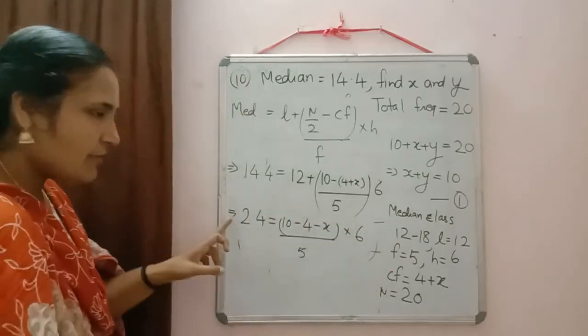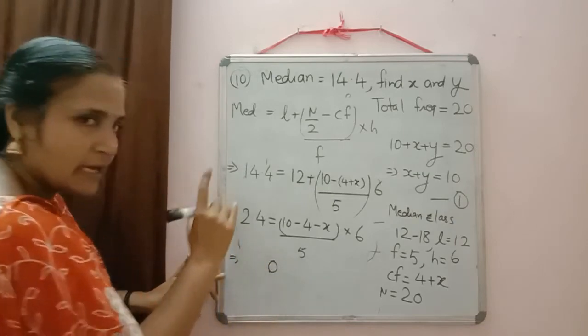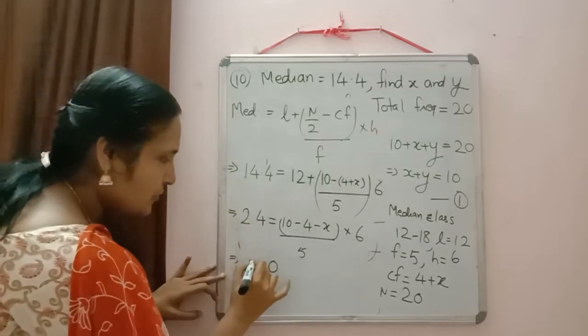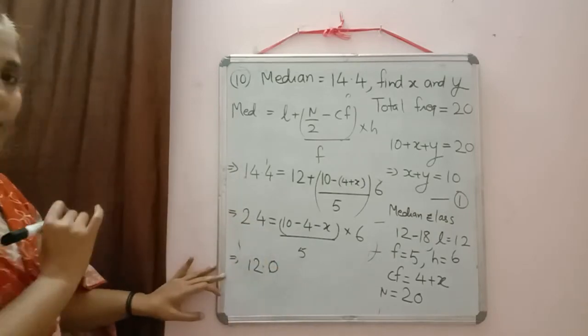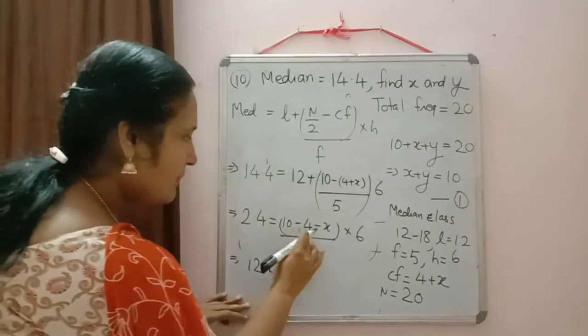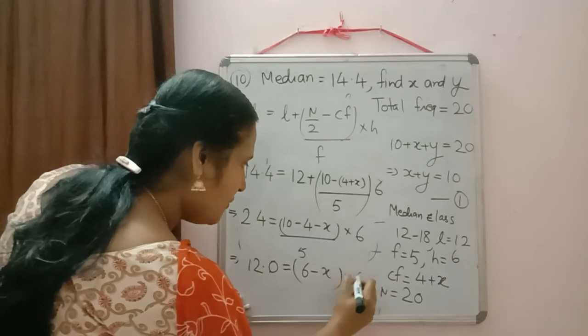Now 5 we can shift here. So 5 4s are 20, carry over 2, 5 2s are 10, 10 plus 2, 12. So we will get 12.0 is equal to 10 minus 4, 6, (6 minus x) into 6.